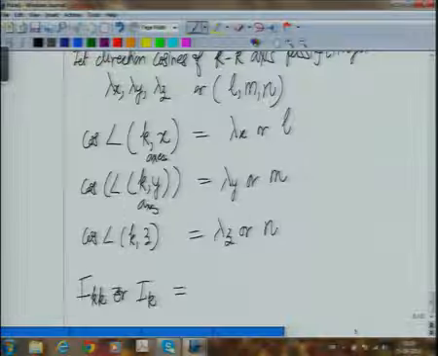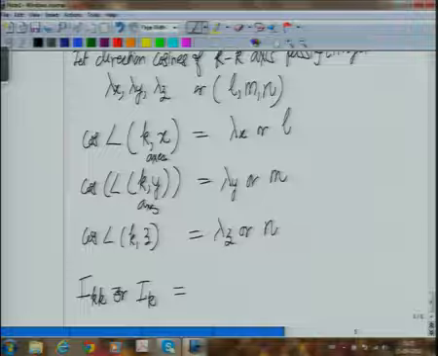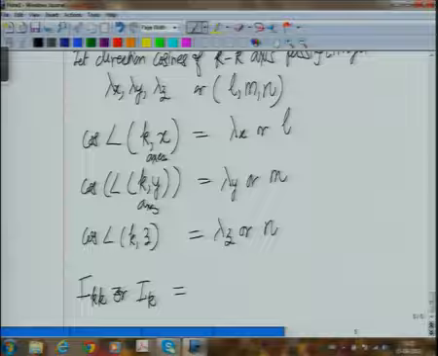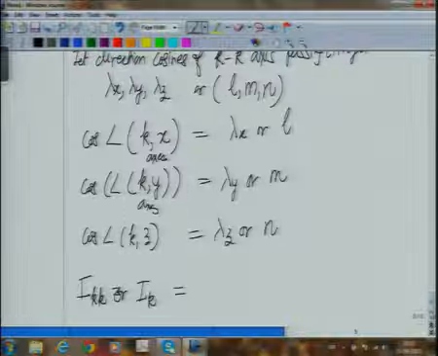I look at the point P, wherever the point P is, I look at the perpendicular distance of the point P from K, take the square of that distance, and add it up for all these points. That will give me IKK or IK, I about K axis. And I'll just write the final form. When you write this in terms of all these other terms, I'll spare you the derivation.